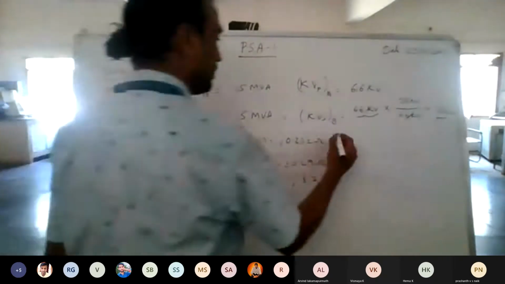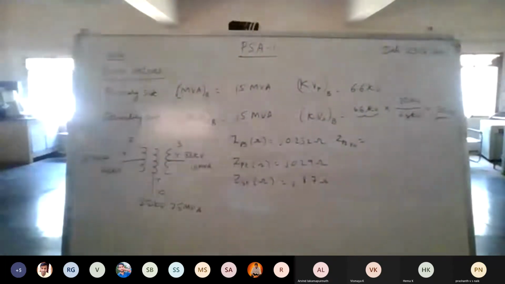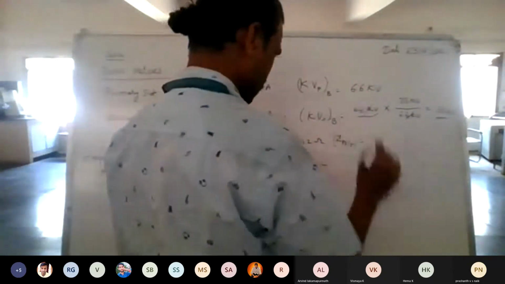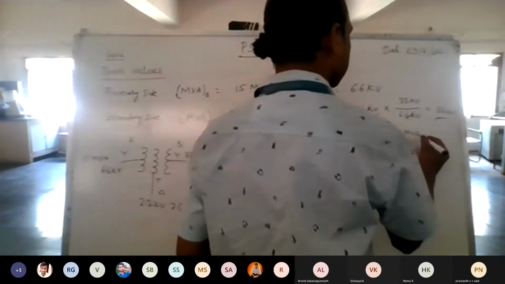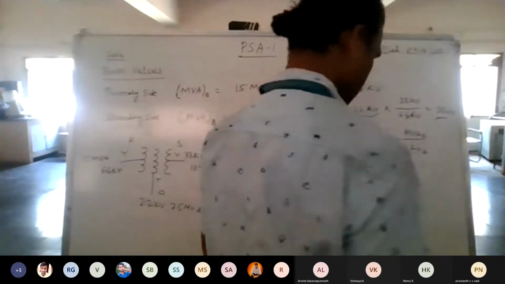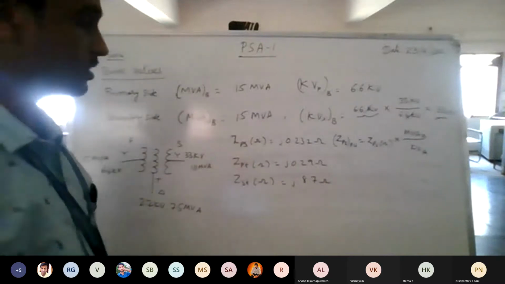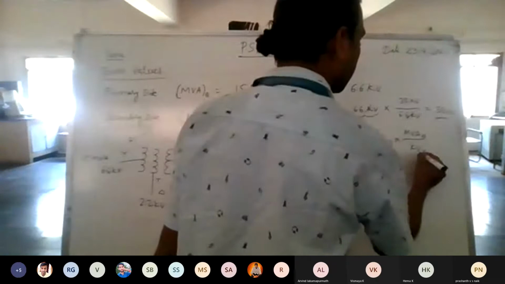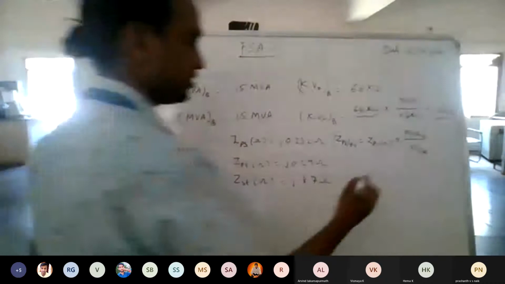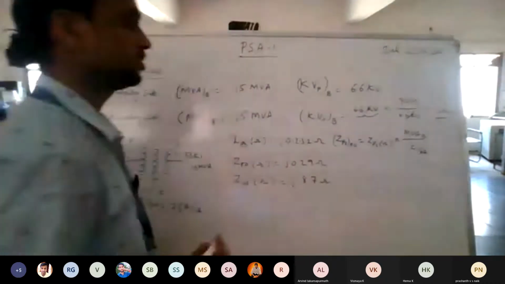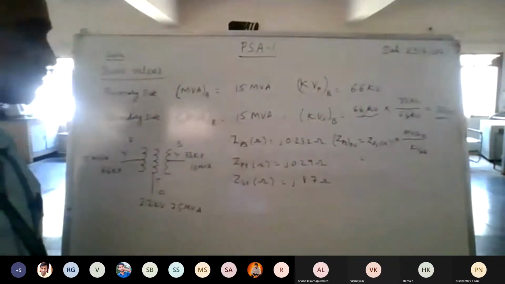Now we want ZPS per unit, which is equal to ZPS ohm into MVA base divided by kV base squared. ZPS is referred to the primary side, so the considered base is the kVp base, the primary side base. So what is the value? What is ZPS ohm?